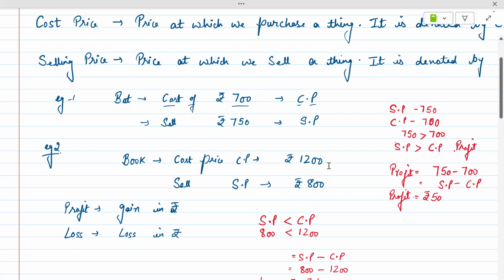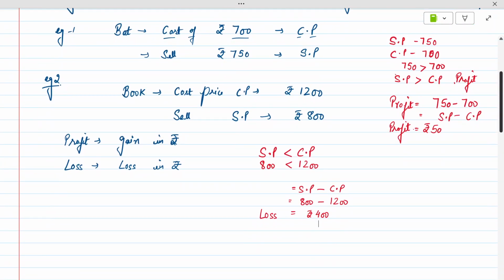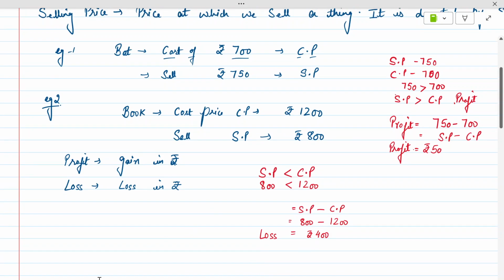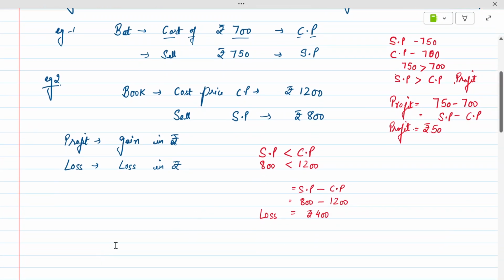So this is the concept of selling price, cost price, the profit and the loss. Now kids, we have a simple formula which we should always keep in our mind to calculate it. We have to see if SP is greater than CP. If SP is greater than CP, then find the difference.